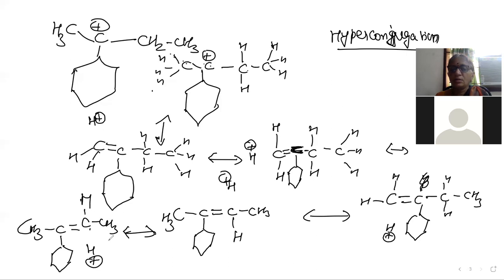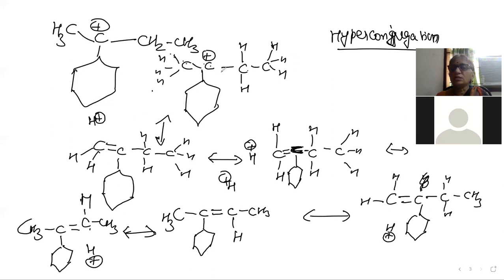Another one. So totally how many structures have we written? So first structure, 1, 2. See, here you don't consider the original one, right? How many hyperconjugative structures? 3 here. So 1, 2, the third one.